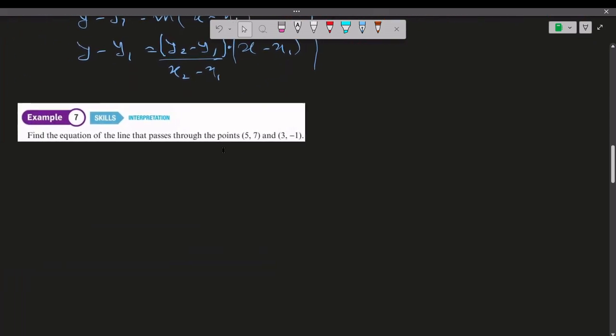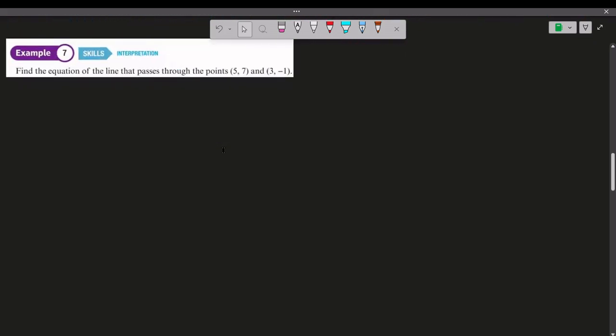So this is the question: find the equation of the line that is passing through these points. We have a line like this. This is point A and this is point B. The coordinate of point A is 5 comma 7, and the coordinate of point B is 3 comma minus 1.